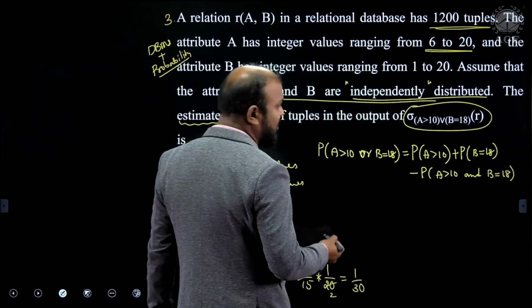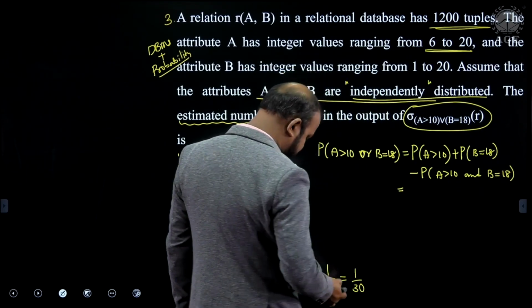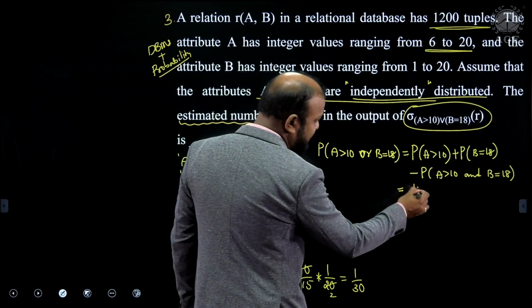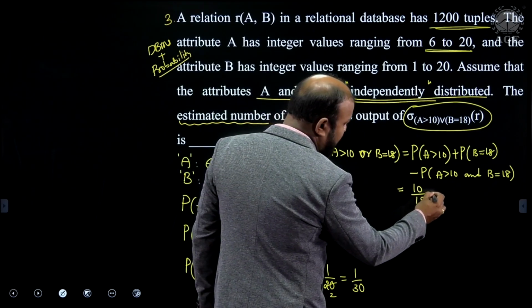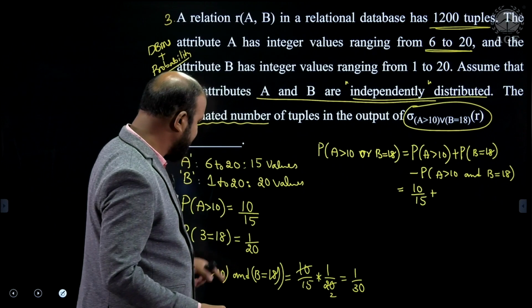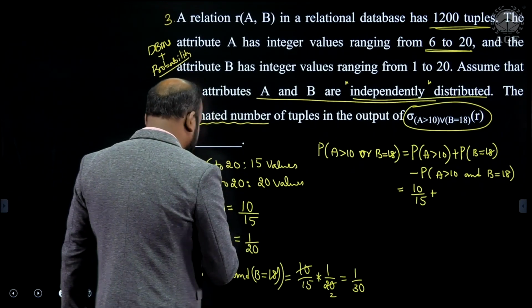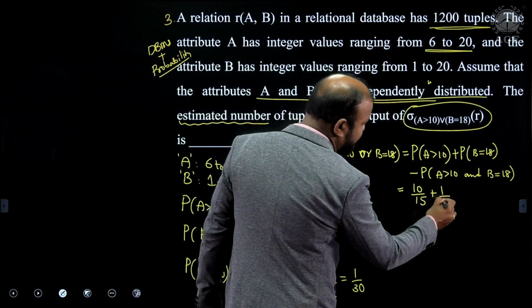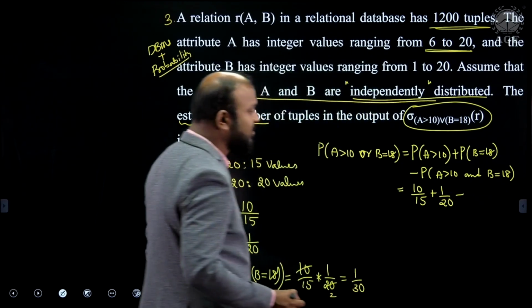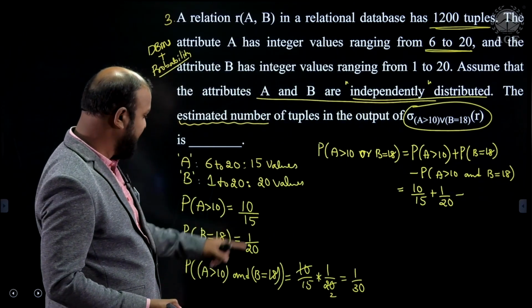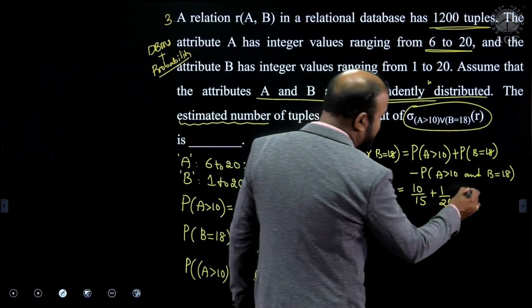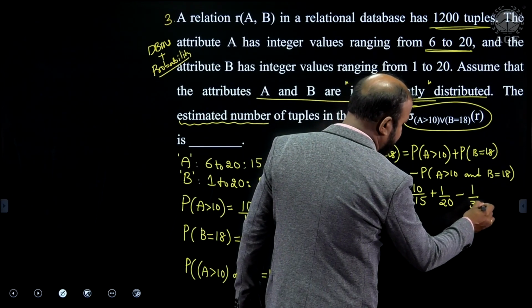Now, we know that the probability of A greater than 10 is 10 by 15, plus the probability of B equal to 18, which is 1 by 20, minus the probability of A greater than 10 and B equal to 18, which is 1 by 30.